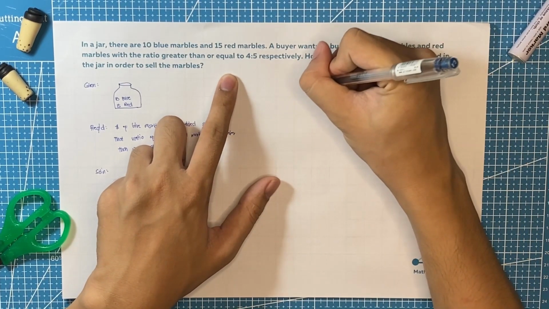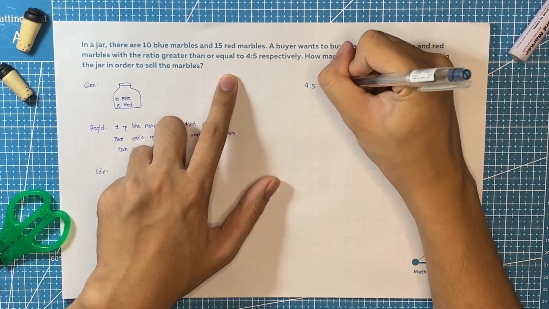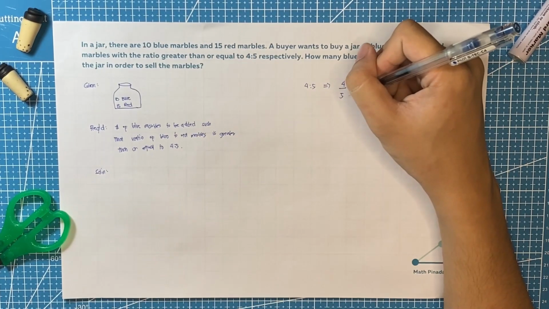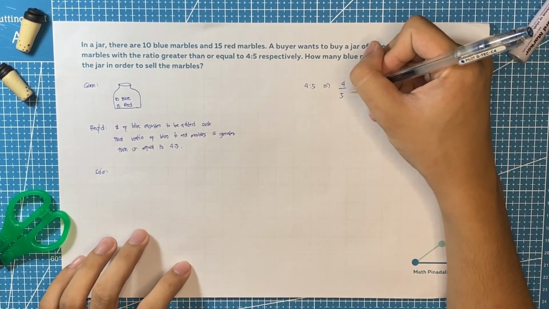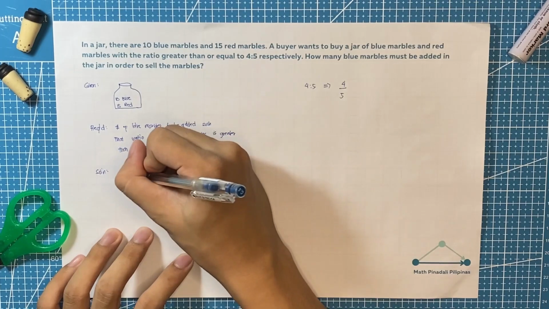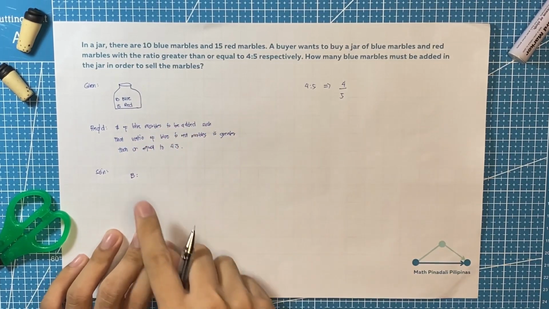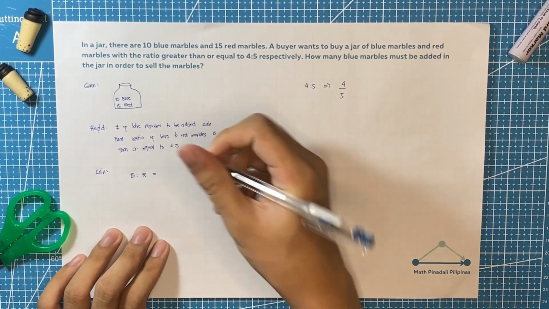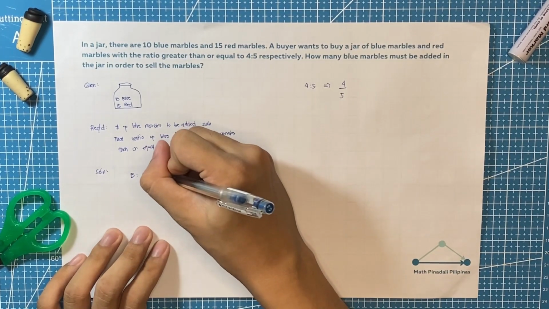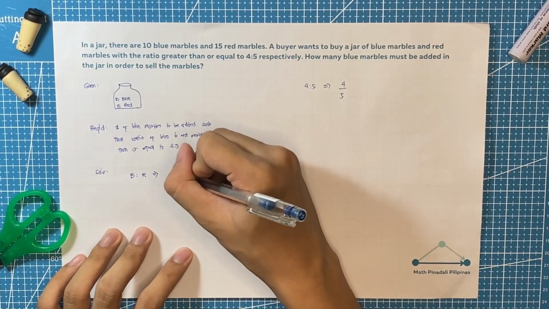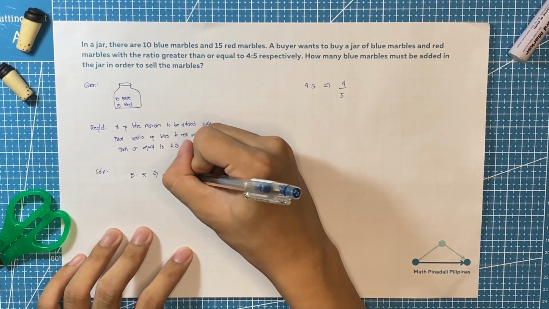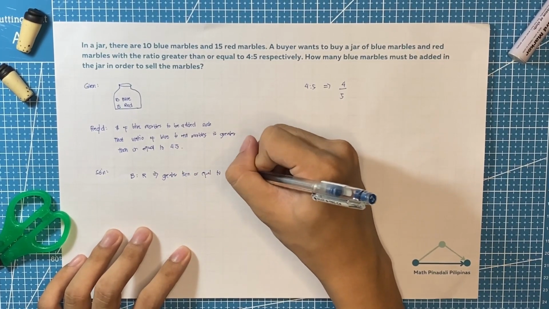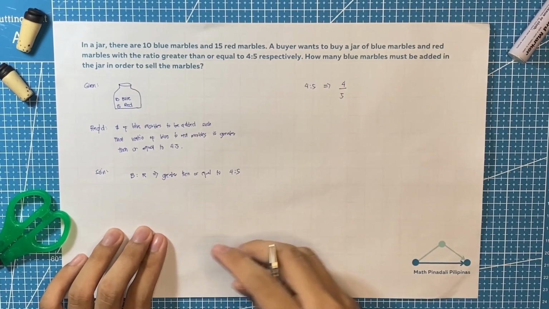Pag sinabi natin 4:5, you can write this in a fraction form, 4/5. Ibig sabihin, yung ratio ng blue to red ay dapat at least or greater than or equal to 4:5.